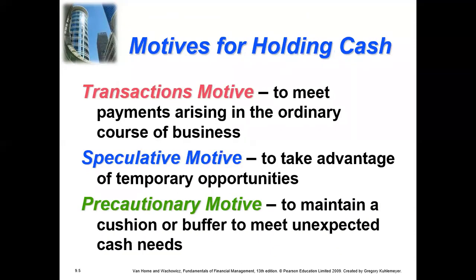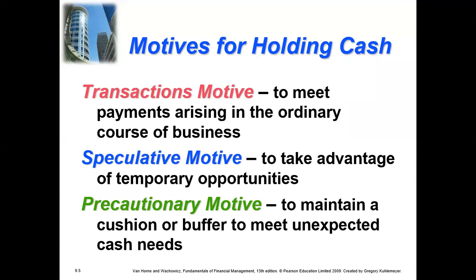Right. So broadly, there are 3 motives that any organization can have to hold cash. First of all, you can have a transactions motive, which is usually a part of every organization, that you have to meet certain payments, because while you're purchasing your raw material, or maybe you're investing into your current assets, maybe you're also investing into salaries and wages.